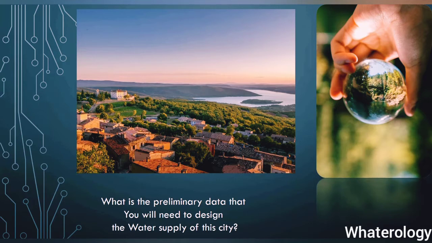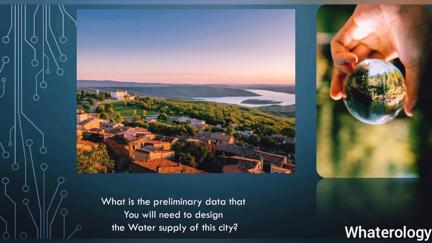Now, another question will be, let's say today 1,000 people are staying in this location. So do we need a number which is of the present, of the past, or of the future? Then the answer is obviously of the future, because we don't design water supply systems for a population that is increasing every day.